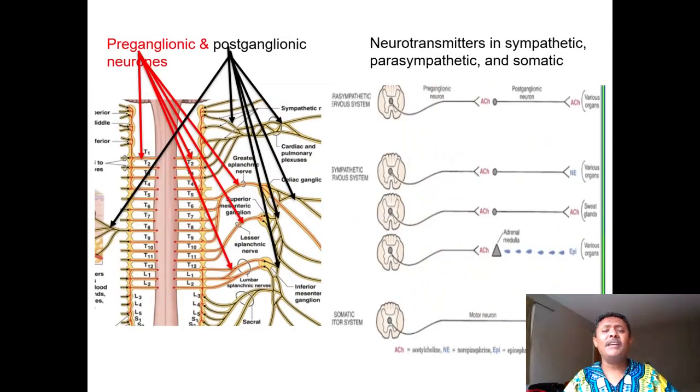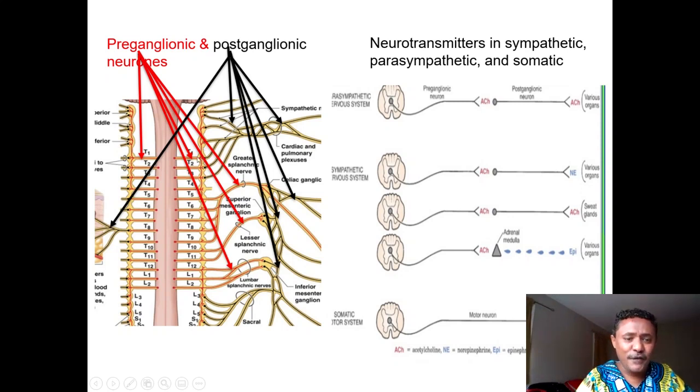Okay, now here let's take a look at the preganglionic and postganglionic. Again, what do we mean by preganglionic? Those red in color coming from the lateral horns, right? In the case of para-vertebral ganglia, they end there, and then the postganglionic will be in black color.